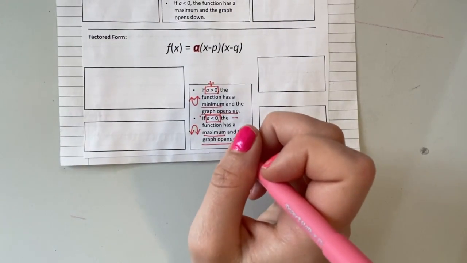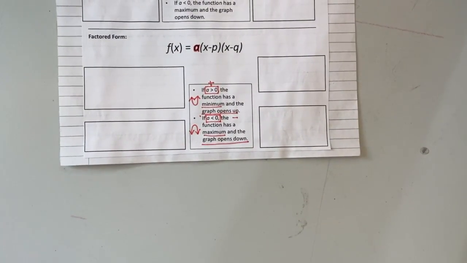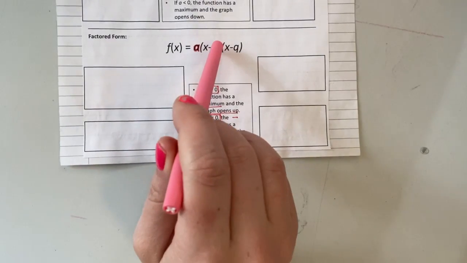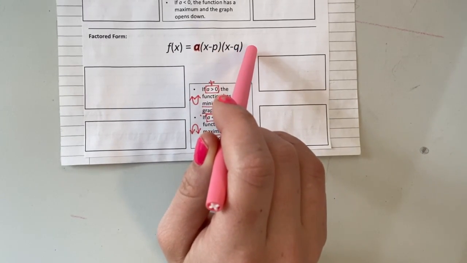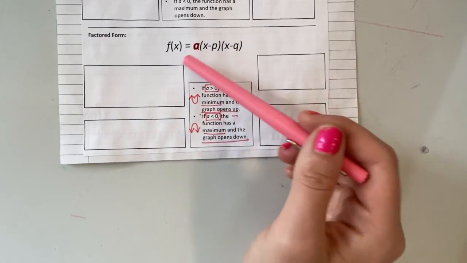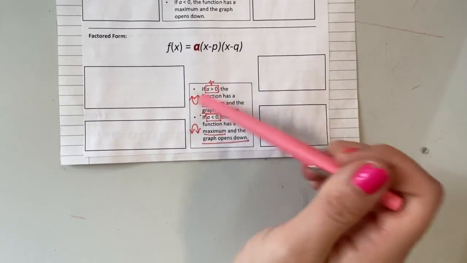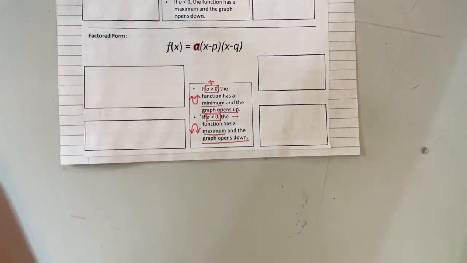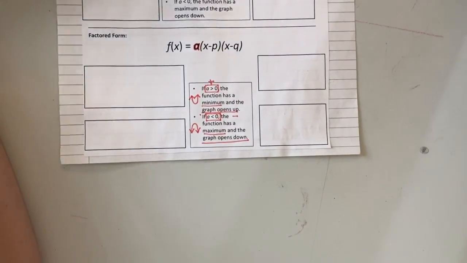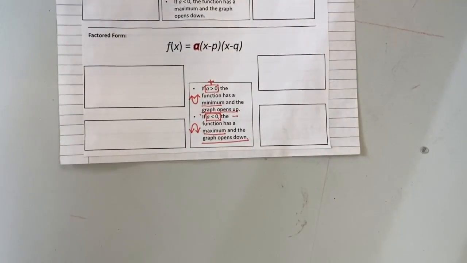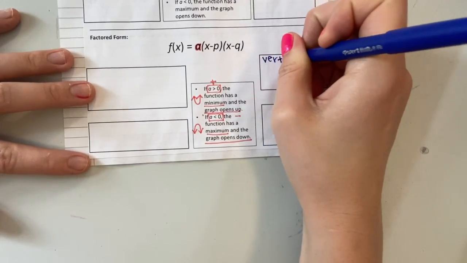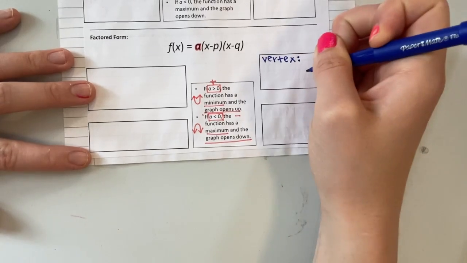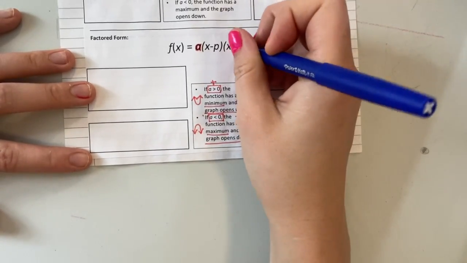I know more information from factored form, so I also know that the vertex is the 2 zeros being added together and divided by 2. We haven't really looked specifically at this. I'll go into examples in the next video of looking at factored form for each of the pieces. But for right now, we're just going to write down that my vertex I can find by adding each zero.